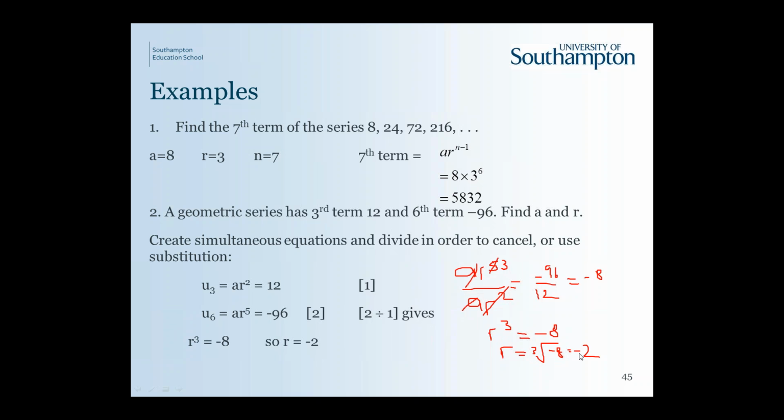You then substitute your minus 2 back in. So R cubed is minus 8, so R is minus 2. Substitute minus 2 back into, well, it doesn't really matter, maybe the simplest one. Minus 2 squared is going to be 4. So 12 divided by 4. No, I've got it the wrong way.